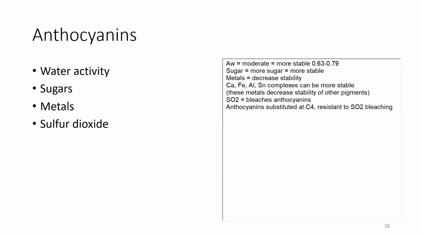So it is a little bit difficult to talk about these compounds in general terms because they are all very different from each other. Just like I mentioned, some sugars will stabilize at low concentrations and some don't, and most of them go from red to blue, but some go from red to colorless. Here, some anthocyanins, specifically those substituted at the C4 position, are resistant to bleaching.